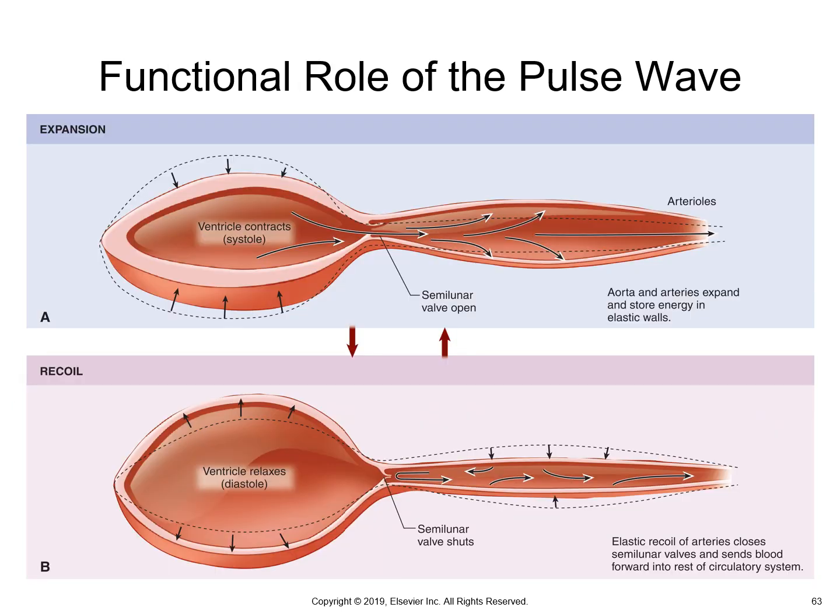All right, now we're looking at the functional role of the pulse wave. So in the top picture, or the blue picture, we're looking at the expansion phase, and in the bottom picture, we're looking at the recoil phase. So what is actually happening in this picture is we have the heart in systole. So basically, the heart is contracting.